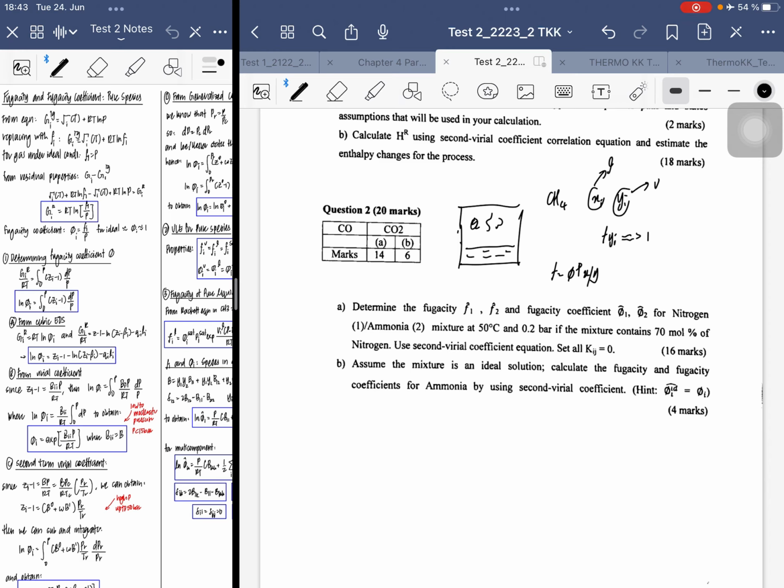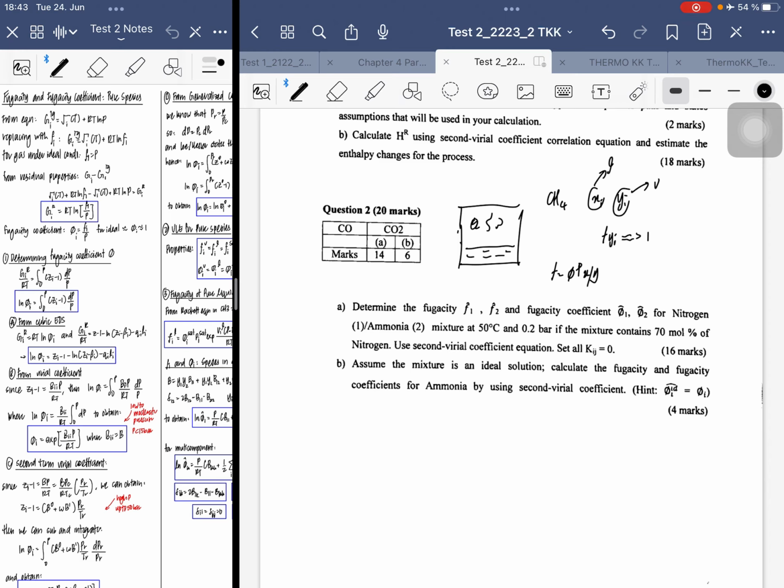So what we really want to determine when we find the fugacity and fugacity coefficient is whether nitrogen or ammonia, these two species, have the tendency to be in the liquid or vapor state. So let's just go through the first question.